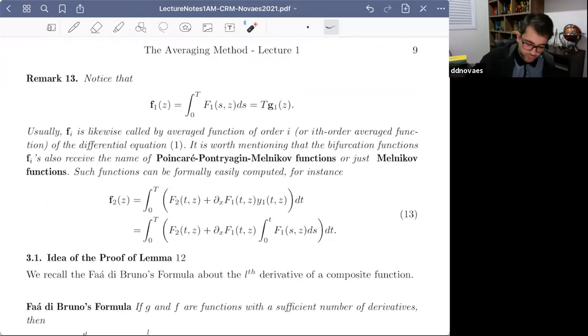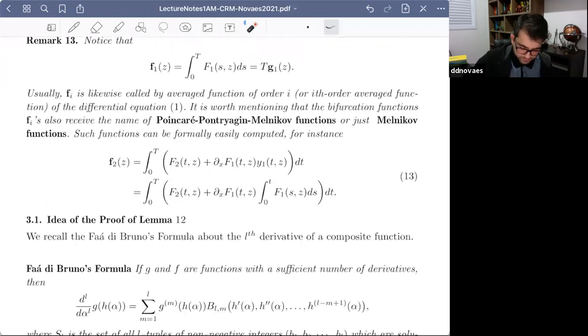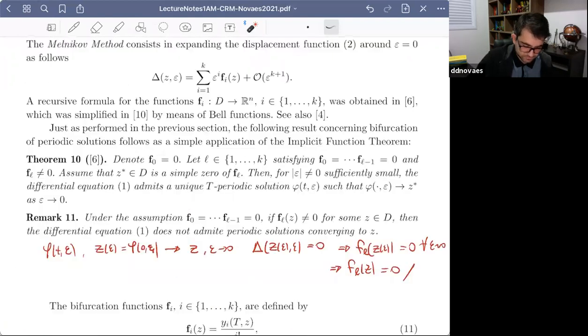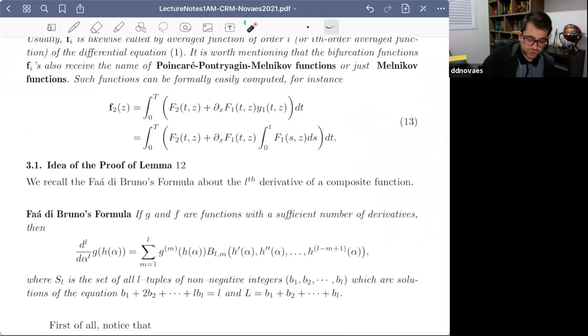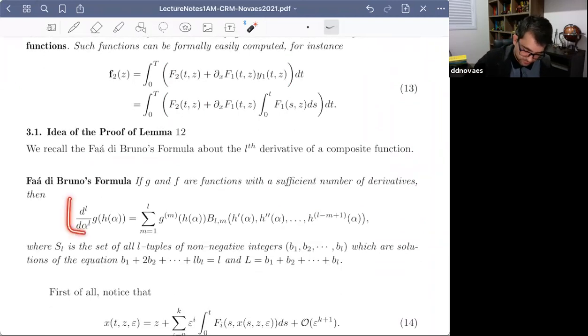Okay, so in order to prove this lemma 12, the idea is to use the Faà di Bruno formula for higher derivatives of composition of functions. This is the formula.